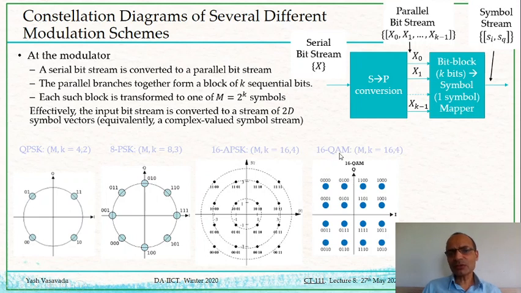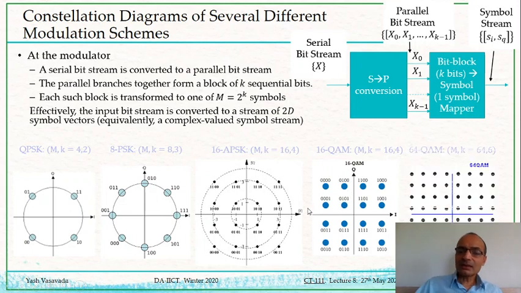In quadrature amplitude modulation, again amplitude and phase both are changing, going from one symbol to the next. And there can be even higher order modulation called 64 QAM, where M is 64, and therefore here there are 6 bits. This serial to parallel conversion takes 6 bits at a time and maps it to one of the 64 QAM symbols.